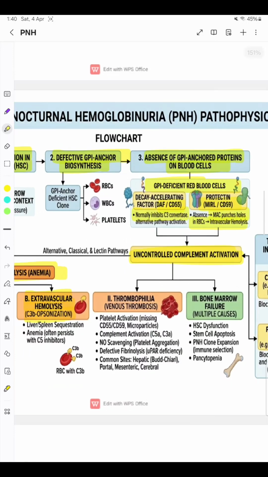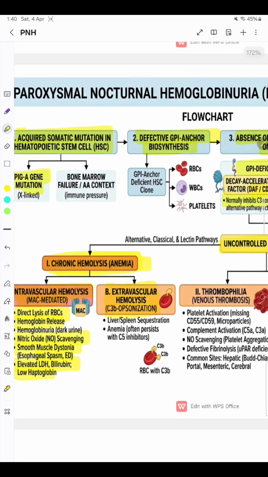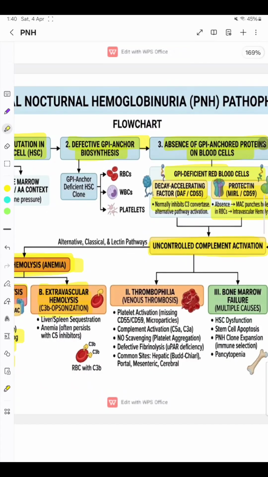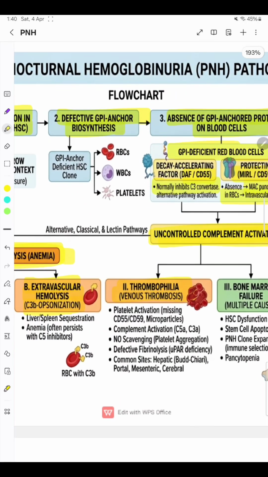So these are the features we have discussed about hemolysis and anemia. Now, due to uncontrolled complement activation, there will be thrombophilia or venous thrombosis. As we have discussed, the free hemoglobin binds with nitric oxide and results in a decreased level of nitric oxide.